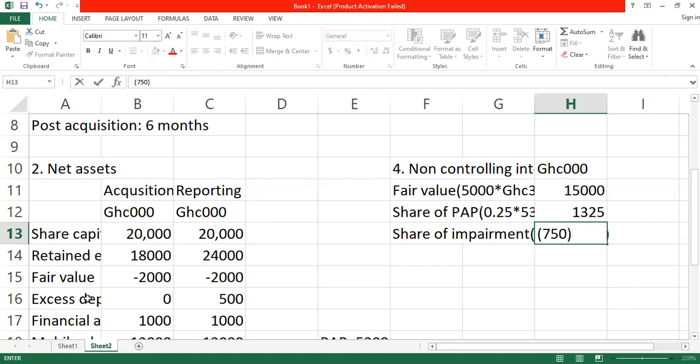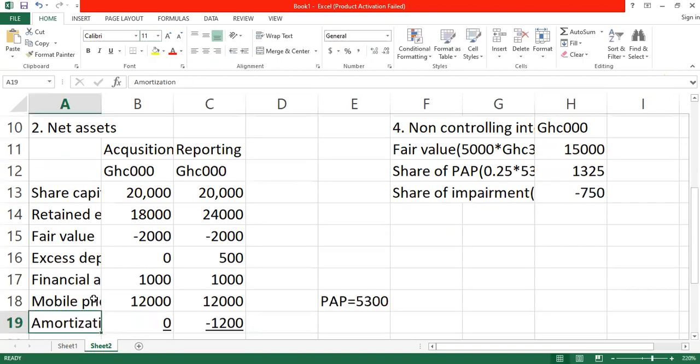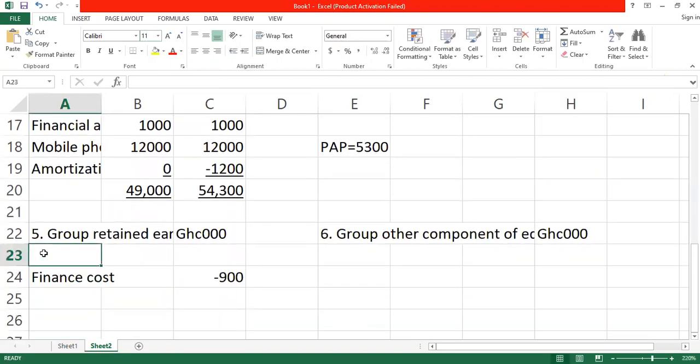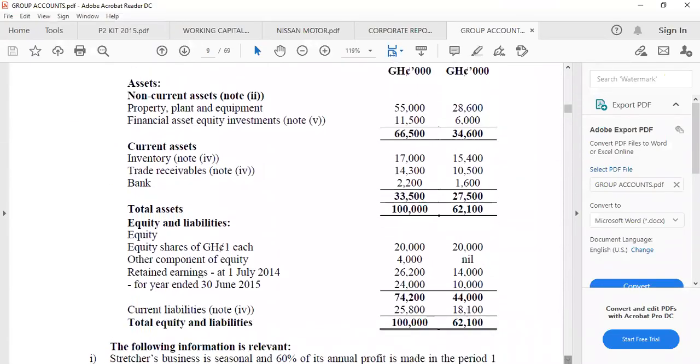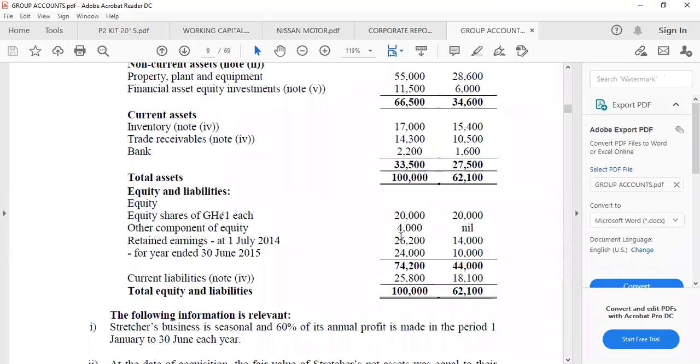All right. So now let's come to the parent's retained earnings. The parent's retained earnings will start with their own balance. The parent is also doing some activities on their own, so they are also going to generate profit for the year. So we take their total profits, then we add the share and other things that relate to the subsidiary.